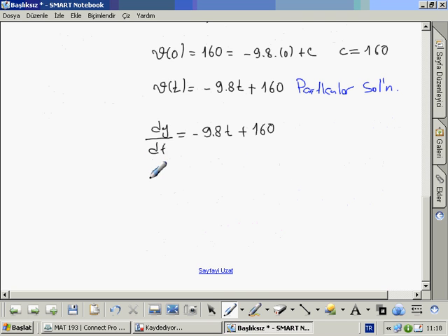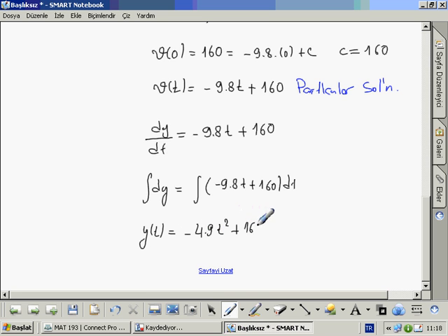Integrate both sides: the integral of dy equals the integral of minus 9.8 t plus 160 dt, and y of t equals minus 4.9 t squared plus 160 t plus c.